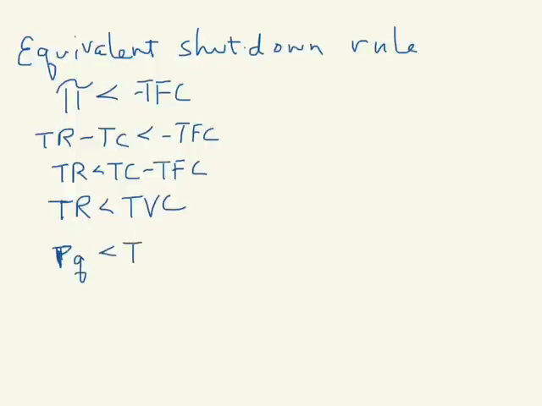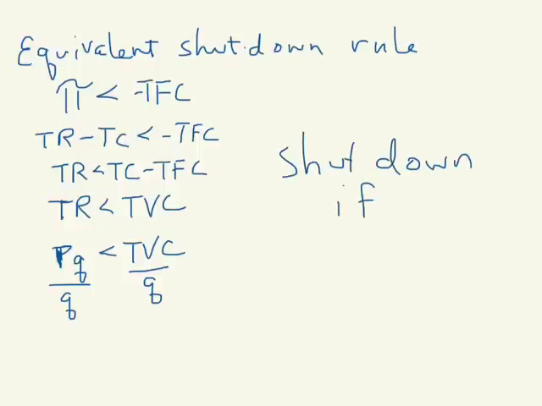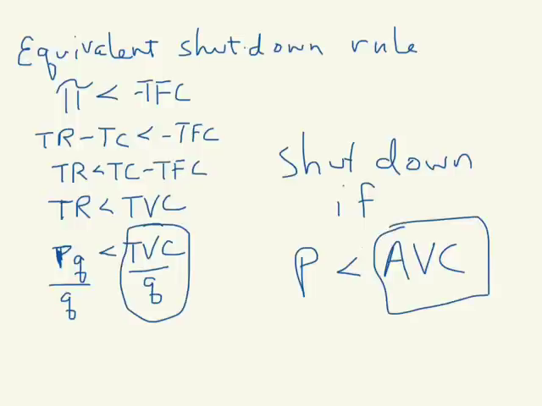If we divide both sides of this by quantity, we're left with shut down if price is less than average variable cost, because total variable cost divided by quantity is the same as average variable cost. So that's our shutdown rule.